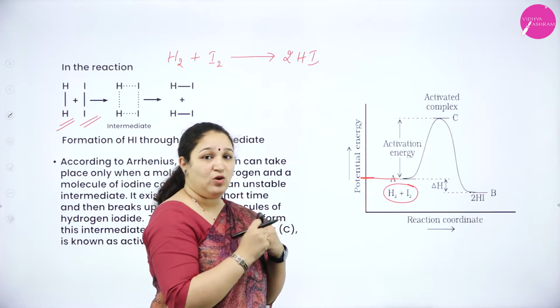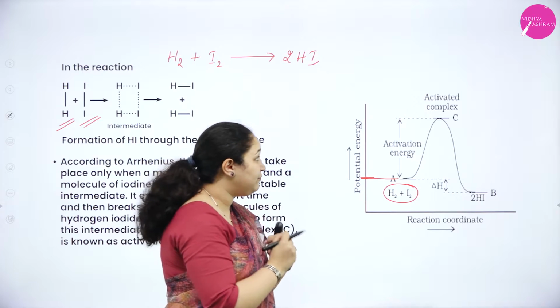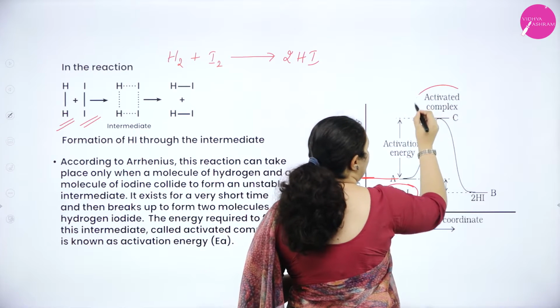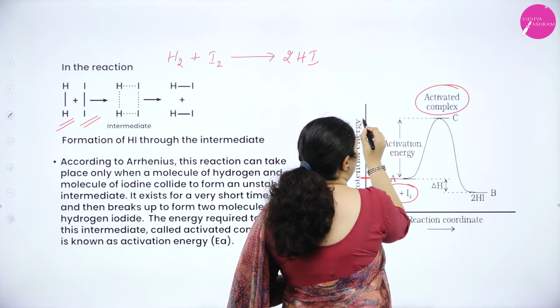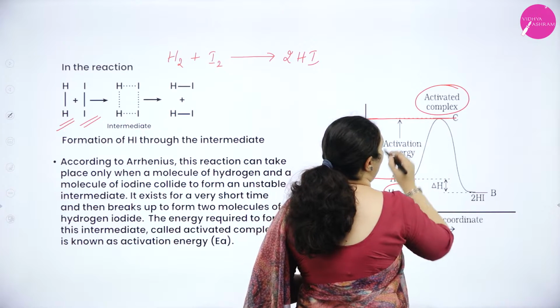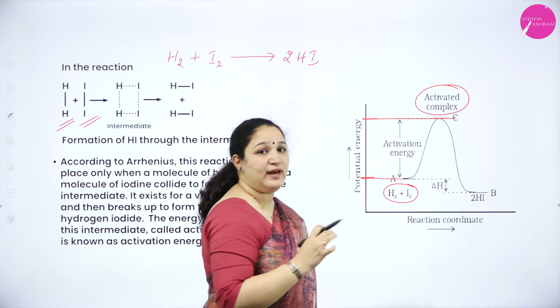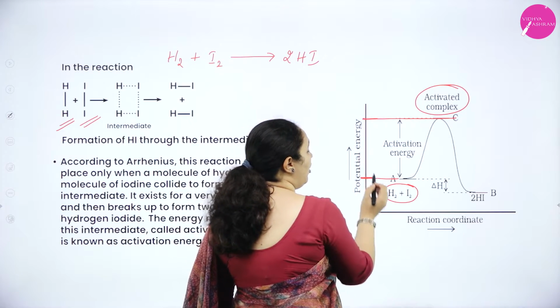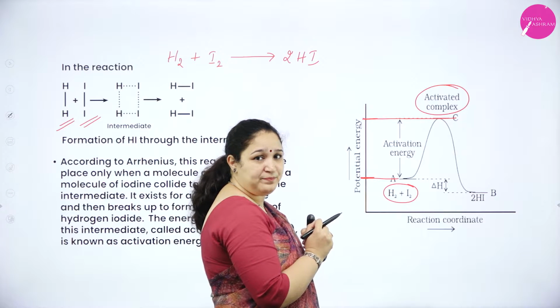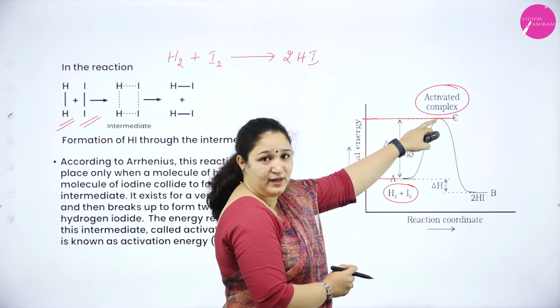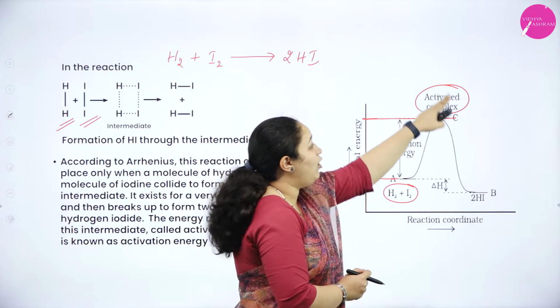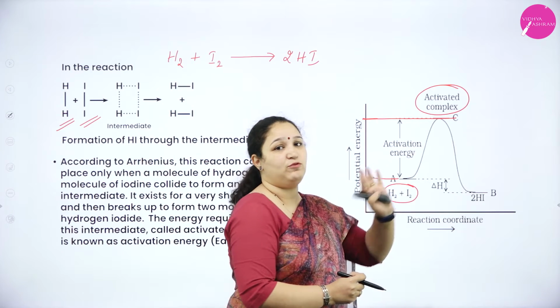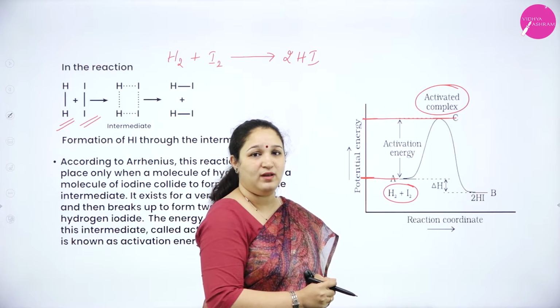Only if they collide and if they form something called as activated complex, they will reach the energy called as threshold energy. This is the threshold energy. So if the molecules, when they collide, if they have this threshold energy, then they will form activated complex and then they will form products. Okay.